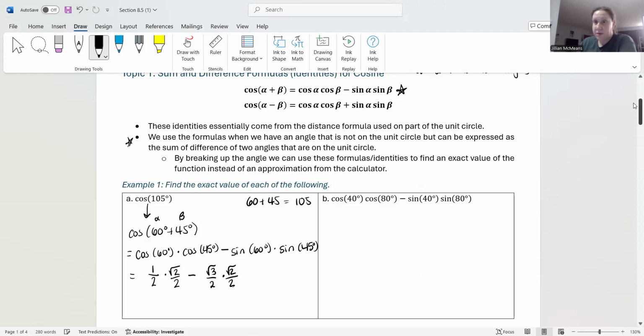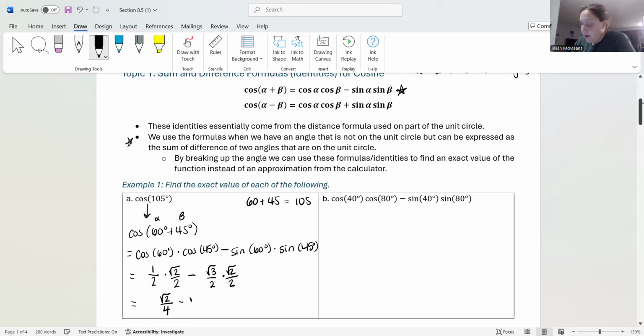And now we just want to play with numbers and simplify this. So if I have 1/2 times root 2 over 2, I can multiply the numerators and multiply the denominators. So 1 times root 2 is root 2, and 2 times 2 is 4. And then if I have root 3 times root 2, that's really just root 6. If you have 2 square roots, you can squish them under one radical.